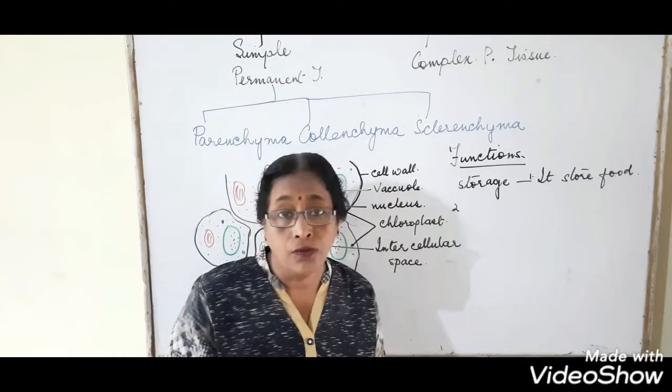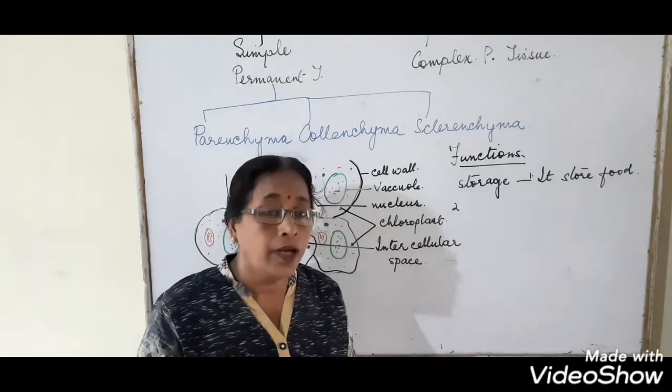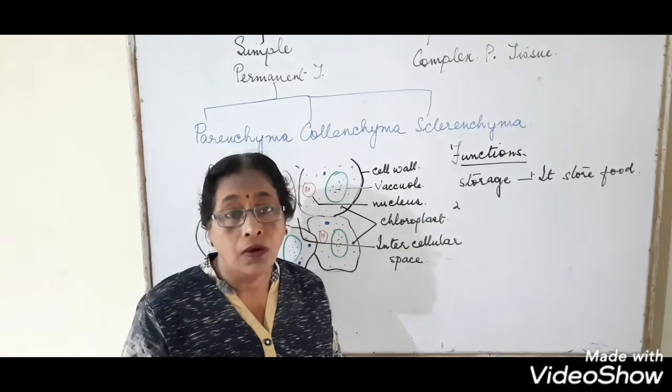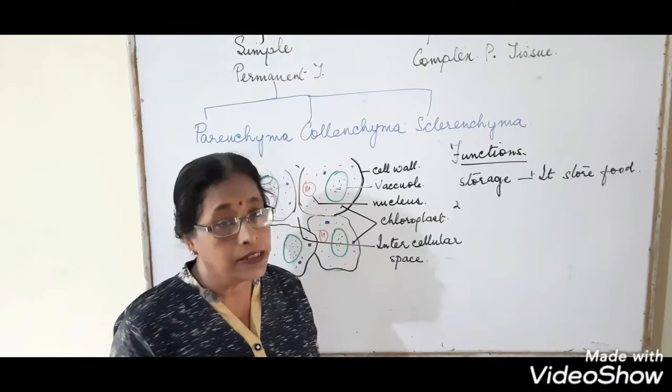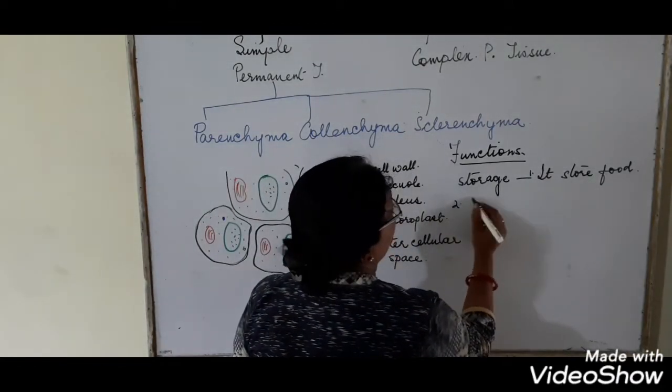Now you can ask, what are the waste products of the plant? The waste products of the plants are the resins, crystals, gums. All these are known as the waste products of the plants. Tannins are also there. So it stores waste products also.